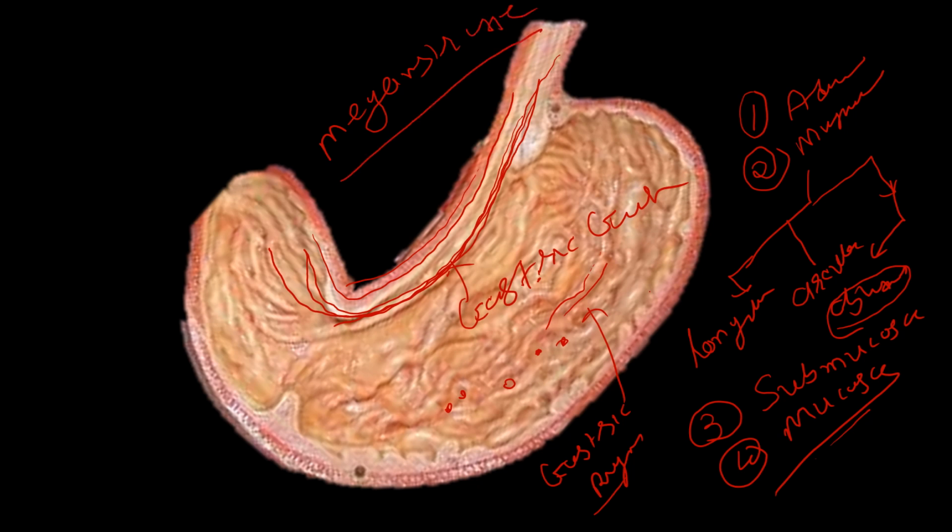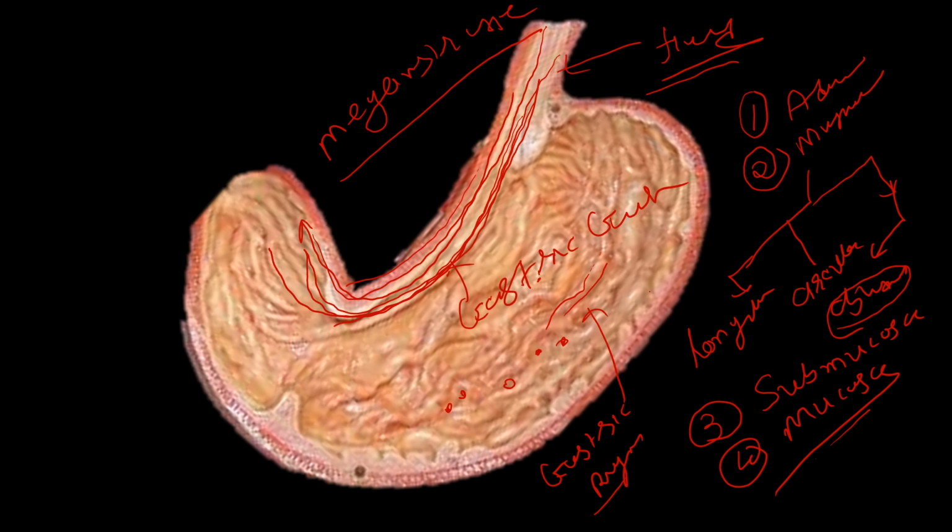This Magenstrasse is vulnerable to injury because of fluid drunk by a person. One more thing, this area has less blood supply.